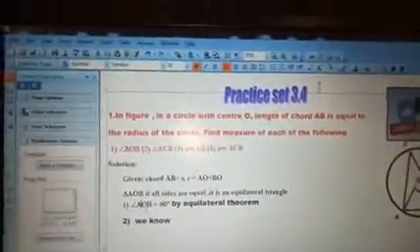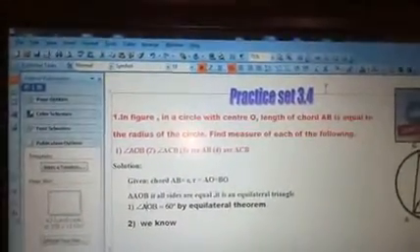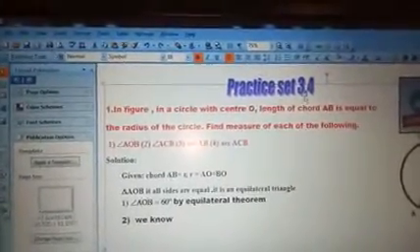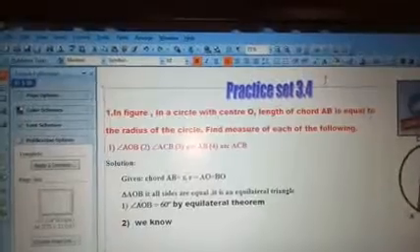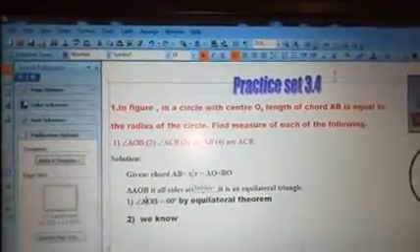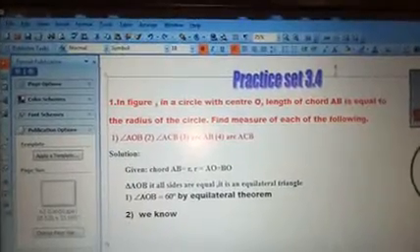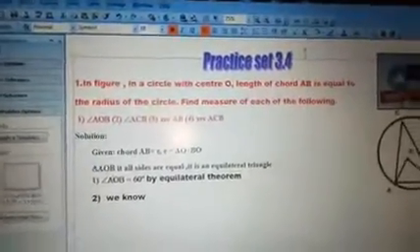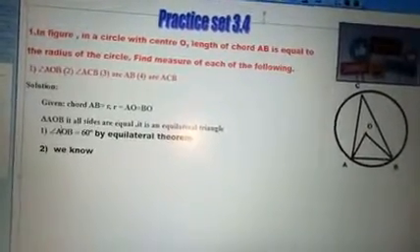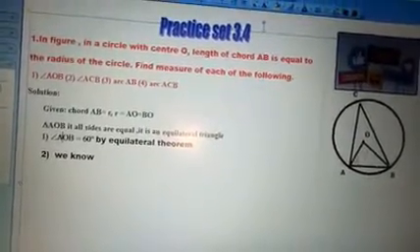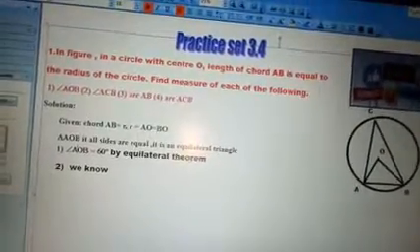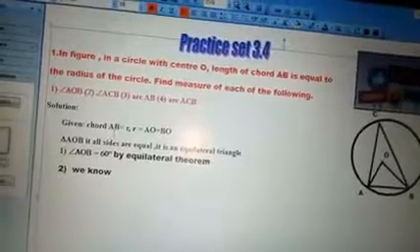In the solution, first of all, we write that we are given chord AB, meaning the length of chord AB is equal to the radius of the circle. If we consider the radius R, then find the measure of each of the following. If you observe the figure, OA and OB are radii of the circle. Its meaning R is equal to AO and BO, but both are equal to AB.